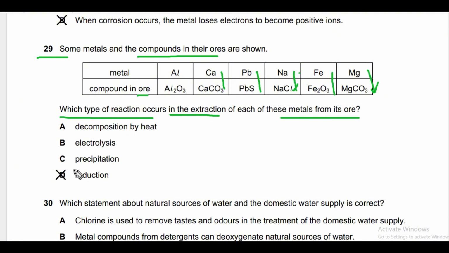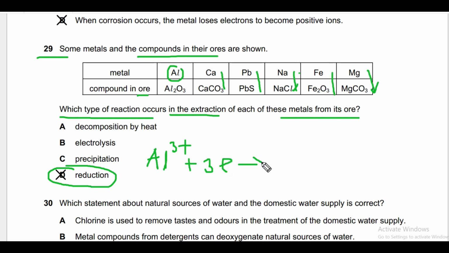So, which process occurs? A reduction reaction occurs, because aluminum is more reactive, so you can apply the electrolysis process, and at the cathode, aluminum ion takes electrons to produce aluminum.